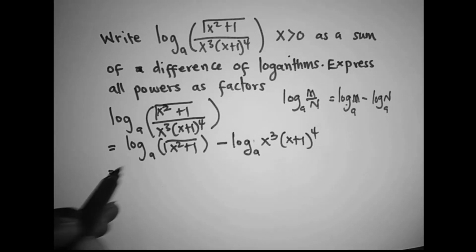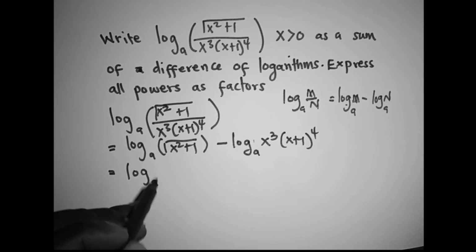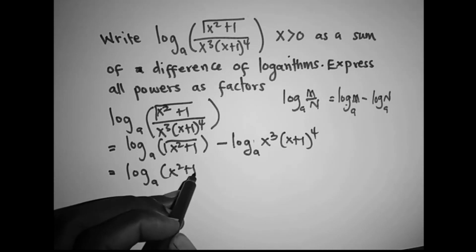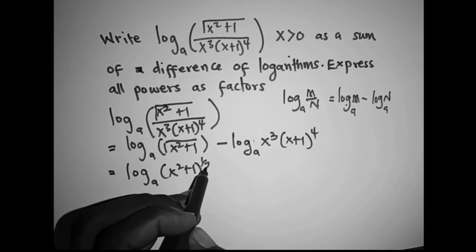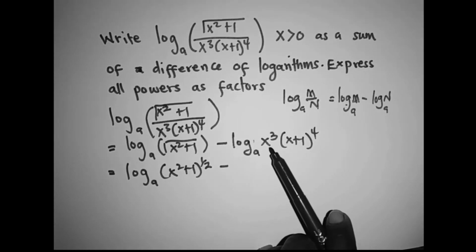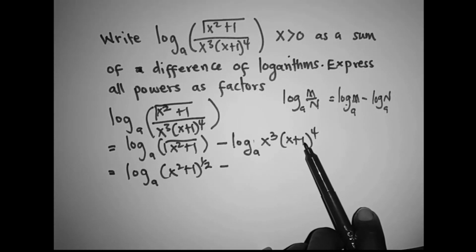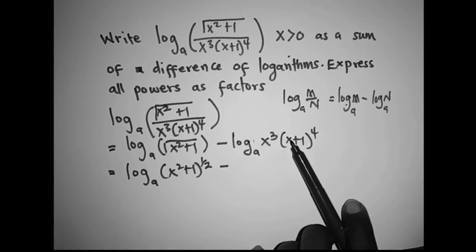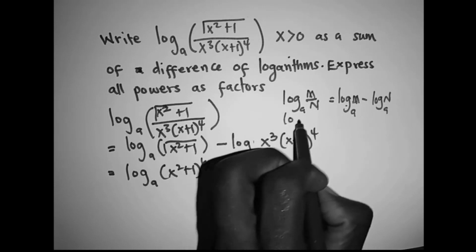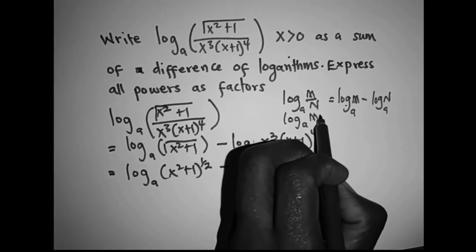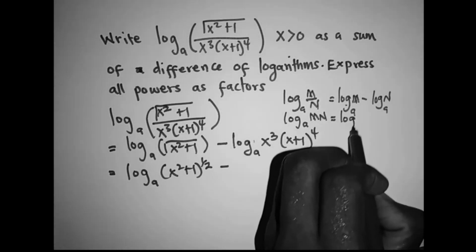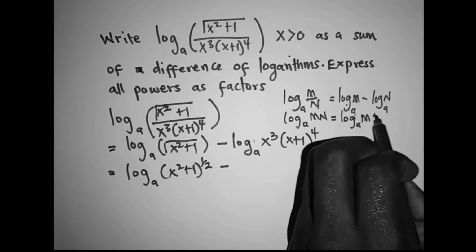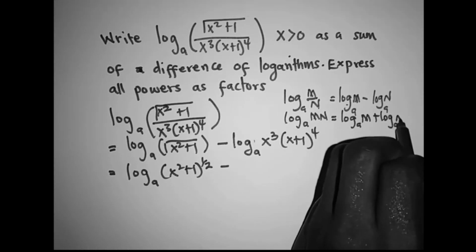So we can write this as log base a of x squared plus 1 all exponent 1 over 2 minus. You see that this x cubed and x plus 1 exponent 4 are two different functions that are multiplying each other. And remember what we said. We said log base a of mn is equal to log base a of m plus log base a of n.